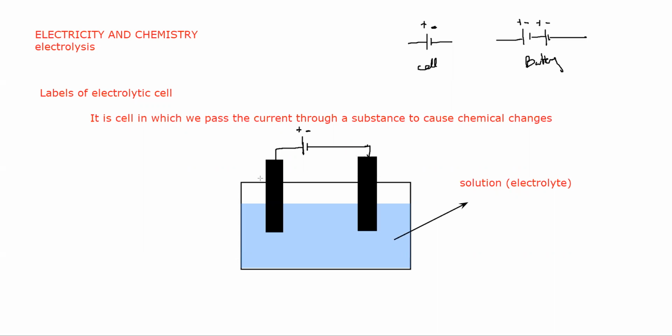The plate which is connected with the positive terminal of the battery, that's called anode. First thing, I'm explaining the labels of this and then I will explain how it works. So the plate connected to the positive terminal of the cell or battery, that's having a specific name, we call that anode.